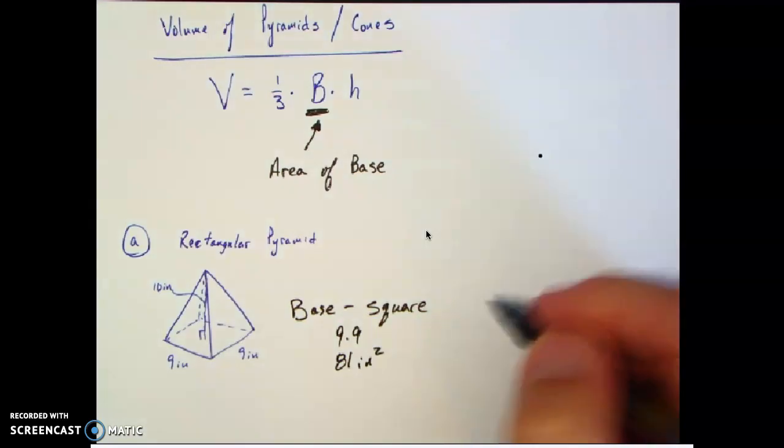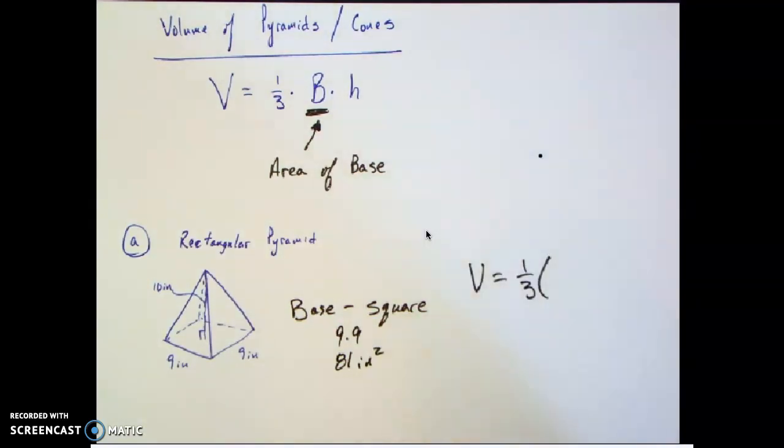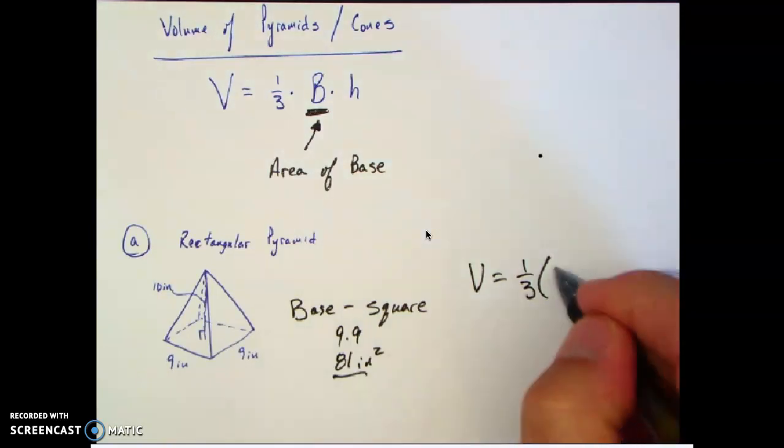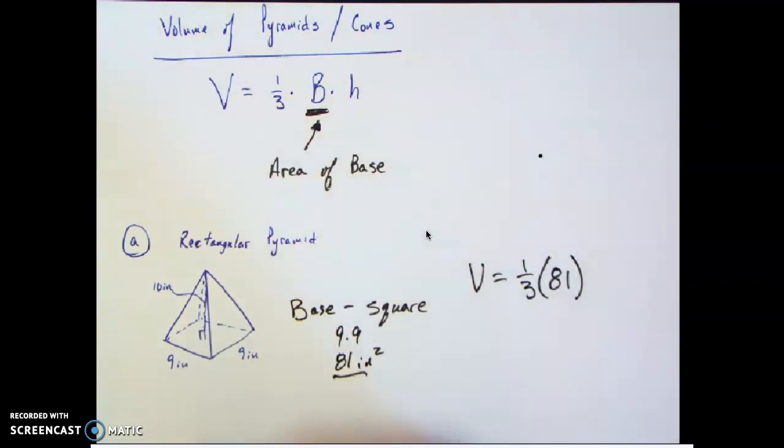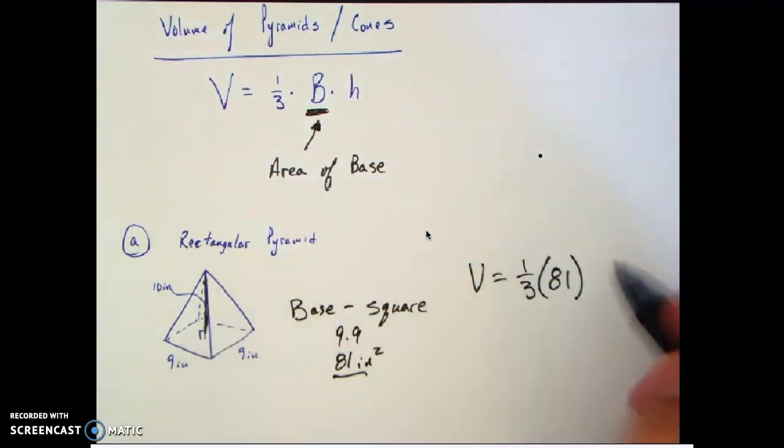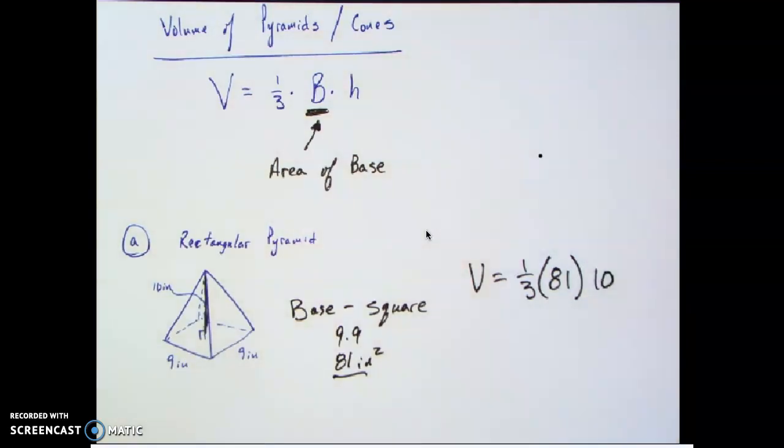So then when we're talking about the volume, 1/3 times the area of the base, we just found 81 square inches, times our height. Remember, it's perpendicular to that square base, so that's times 10. We can plug that into our handy dandy calculator.